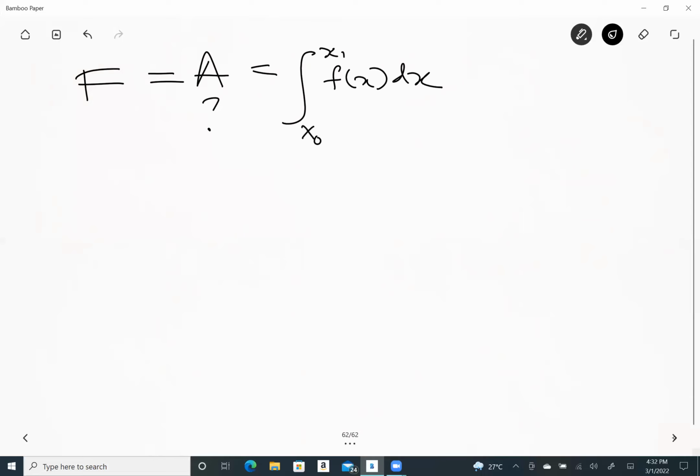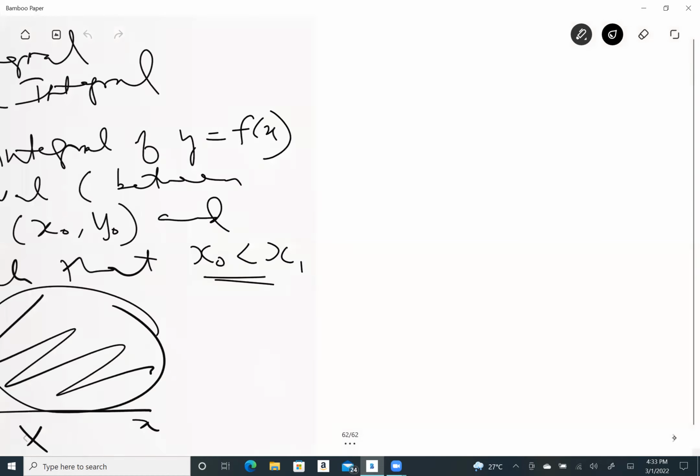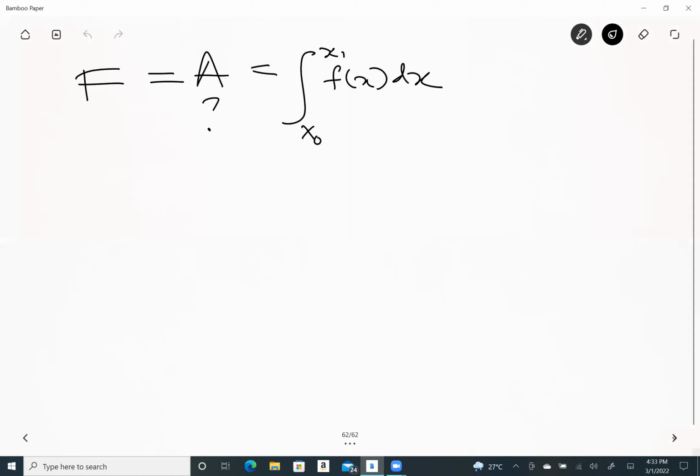So that is the notation for definite integral. You are taking the integral from one point to another point. But make sure that point x0 is less than x1, and x and y are both positive. So what is it equal to? In order to do this, all the rules will hold. We don't need new rules.